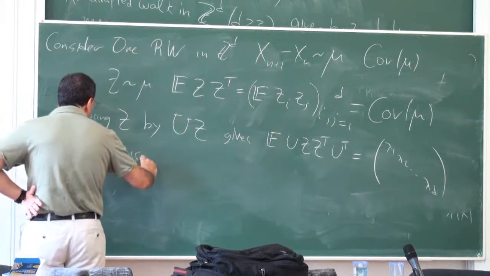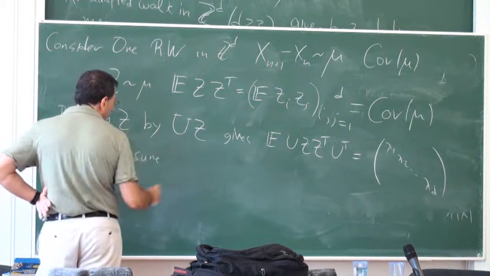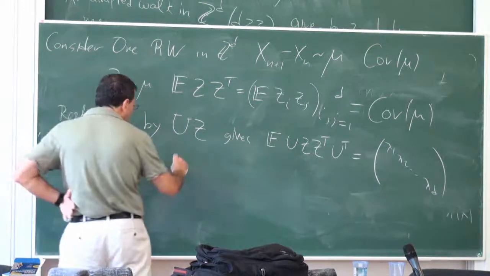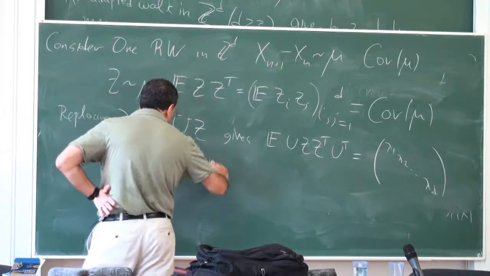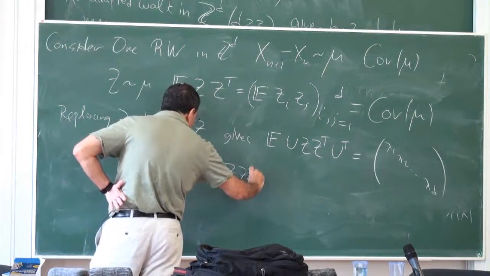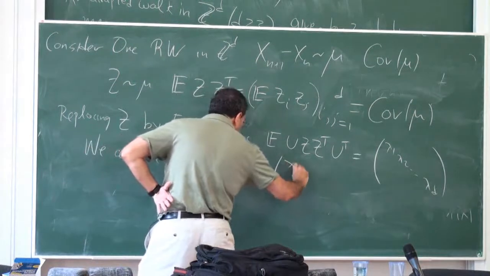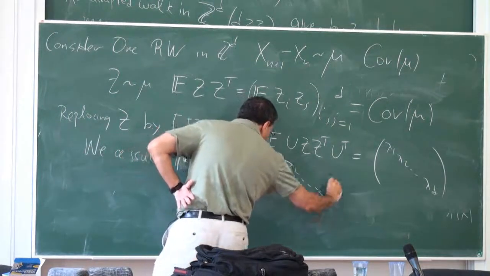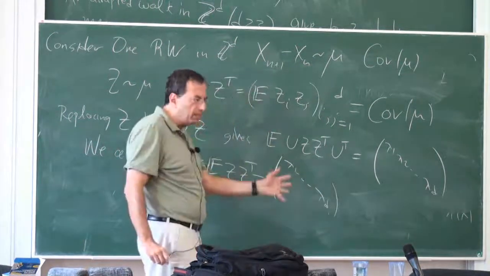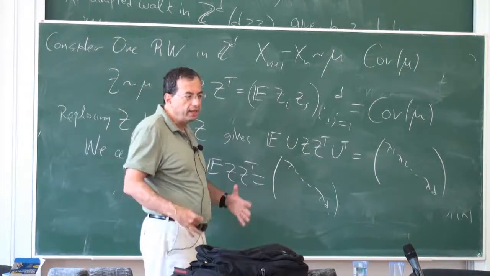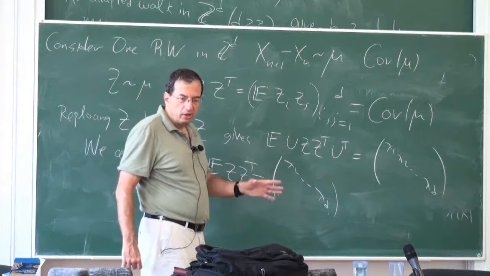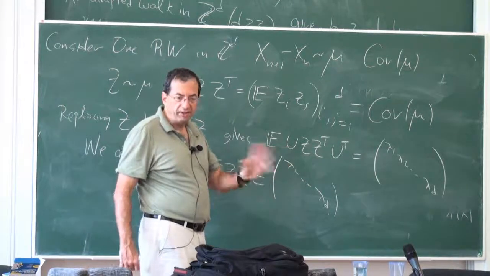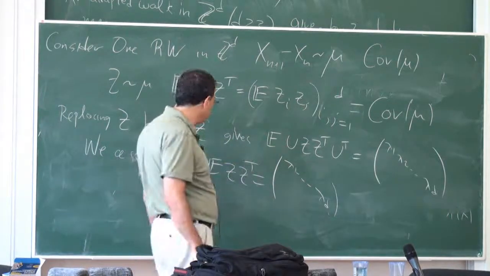We assume that UZ is the original Z, so we just assume that this covariance matrix M, the expectation of Z Z transpose, is itself already diagonal. If it's not, I just multiply by this unitary matrix and make it diagonal, and of course this won't affect recurrence or transience. Now this will be tricky when we have several measures, but with one measure we can certainly do that.